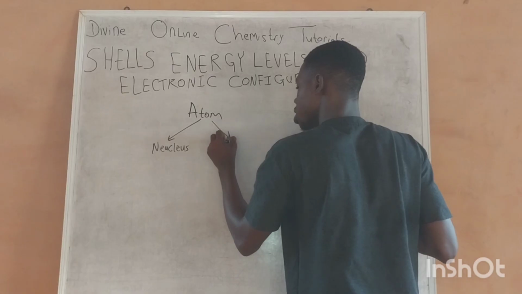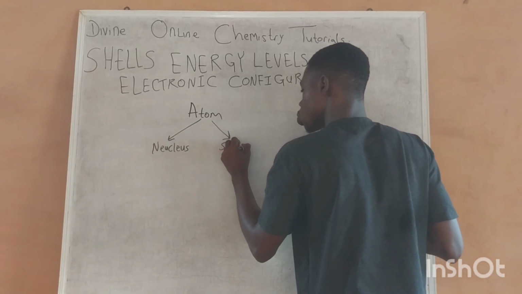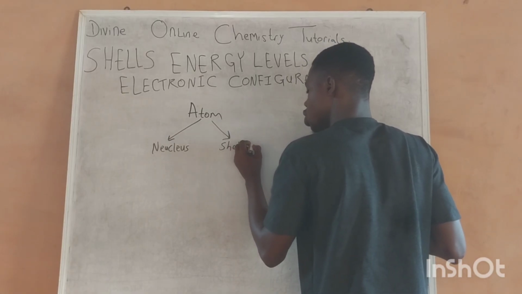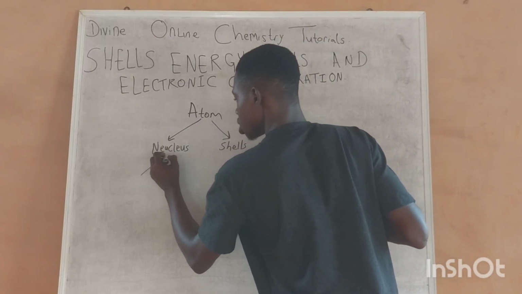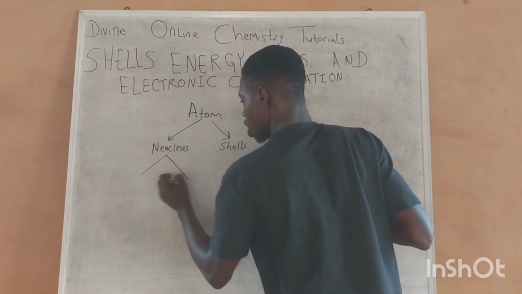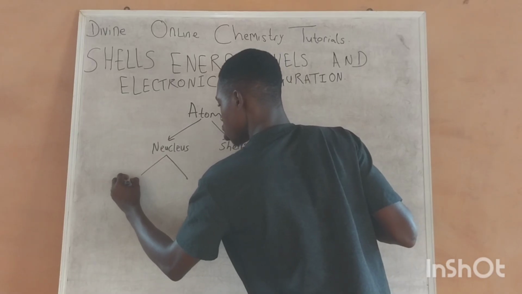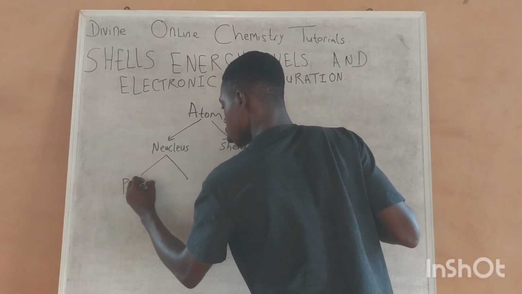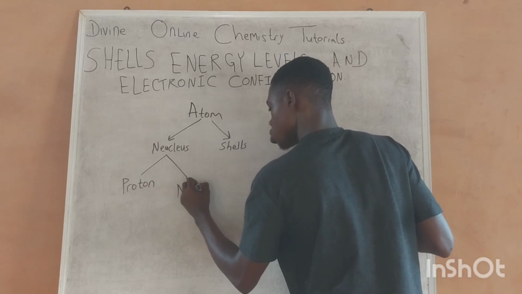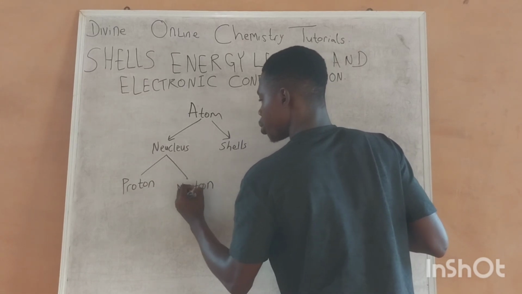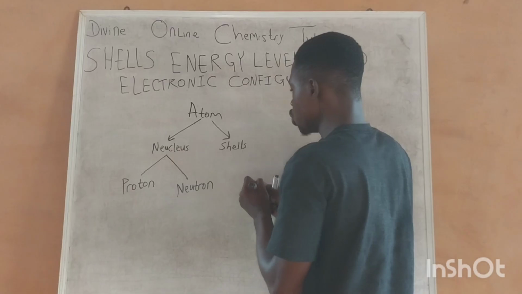These two parts make up the atom of an element. And I said that the nucleus is further made up of two parts, the proton and the neutron. So the proton and the neutron make up the nucleus of what?